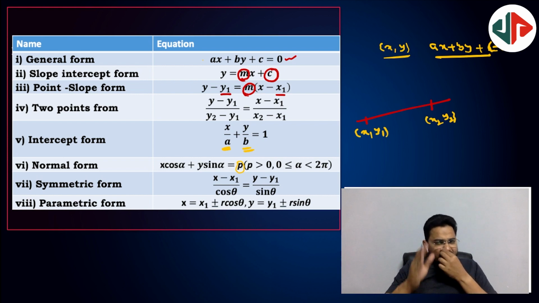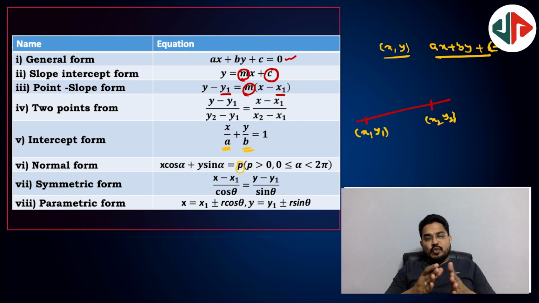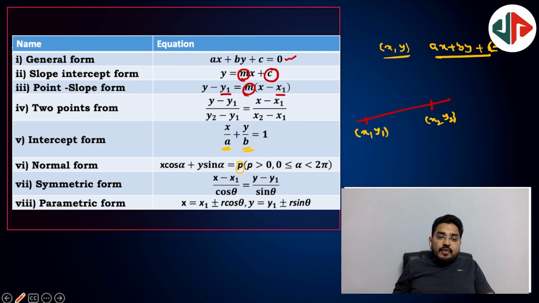For each and every form of the straight line, there is a clear significance. For example, take the normal form.